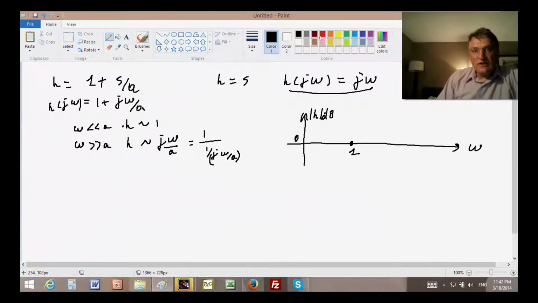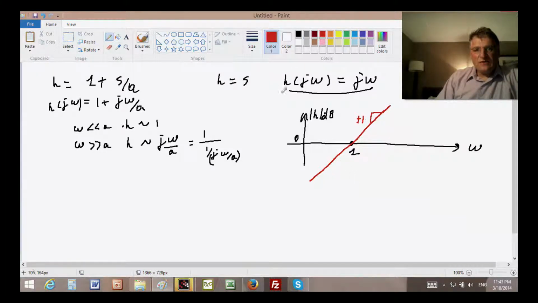Well, it's growing linearly with omega. So instead of the -1 slope that we have seen before, the value of h plotted in decibels against omega, also plotted in decibels, will be a line, but instead of a slope of -1, it will be a slope equal to +1.